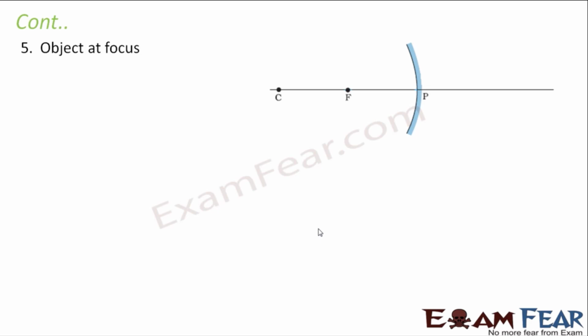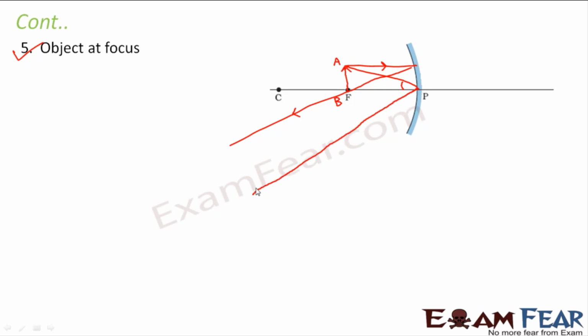Let us bring the object even more near to the mirror. So let us place the object at the principal focus. So now we have our object at F. In this case again, a ray of light parallel to the principal axis after reflection passes through the principal focus, right? Another ray of light, let us suppose it falls obliquely on the pole making some angle theta. So after reflection, it will go obliquely.